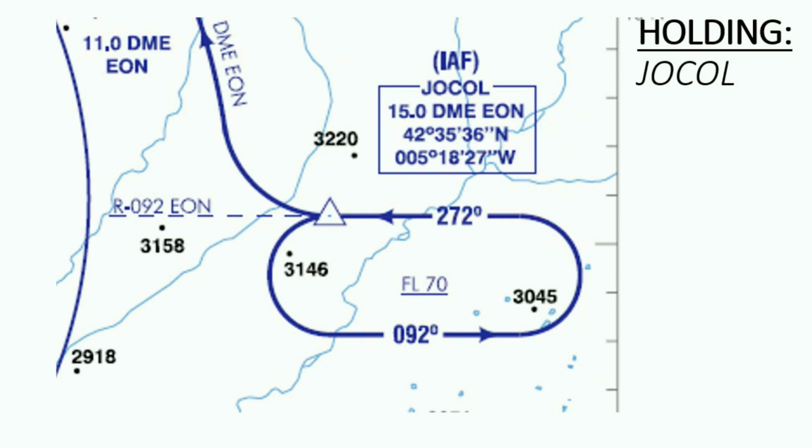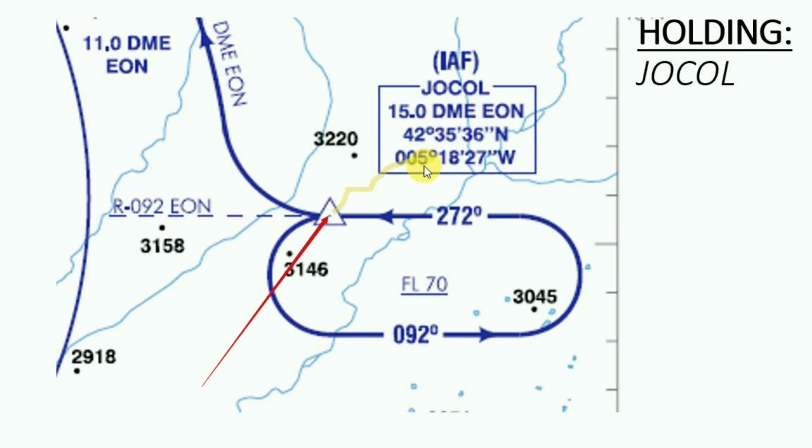Well, let's suppose that we don't have any wind during the day and we just arrive on the distance and on the radial at the same time. So we see that we have a left turn non-standard holding pattern, which our outbound radial is 092, so we probably will expect a parallel entry.